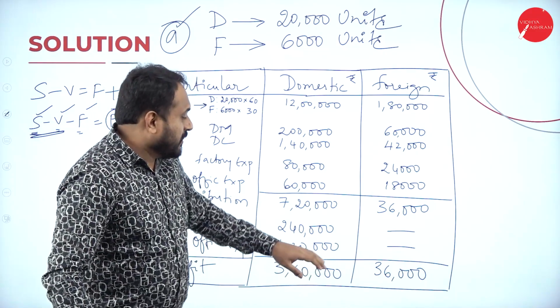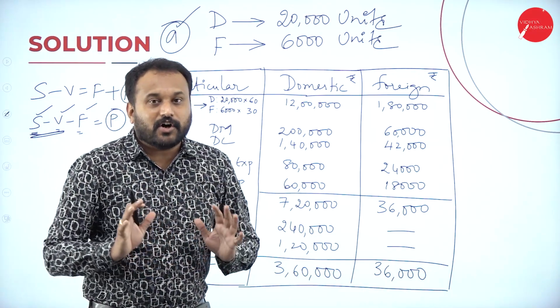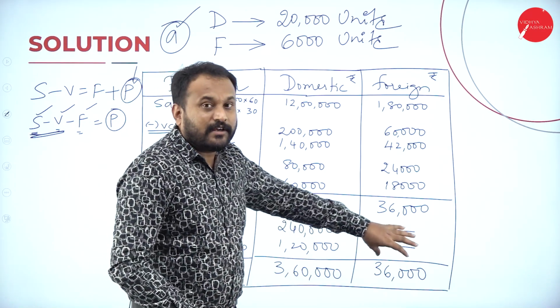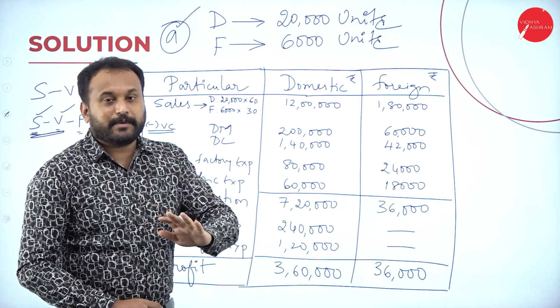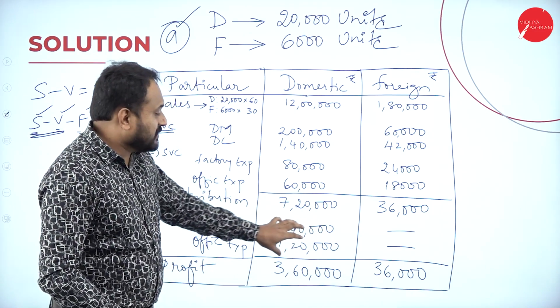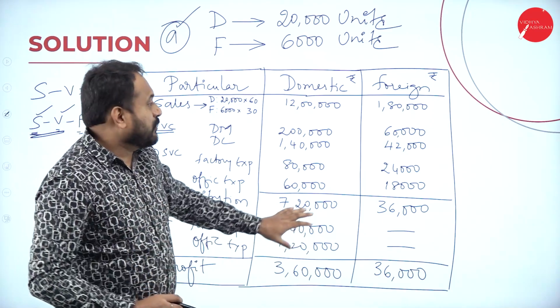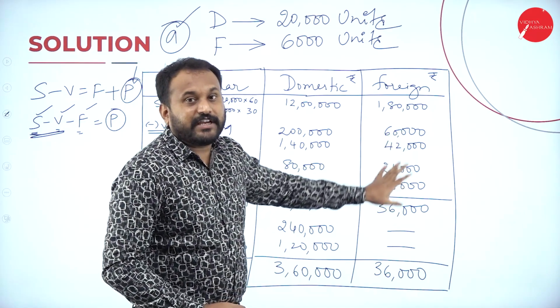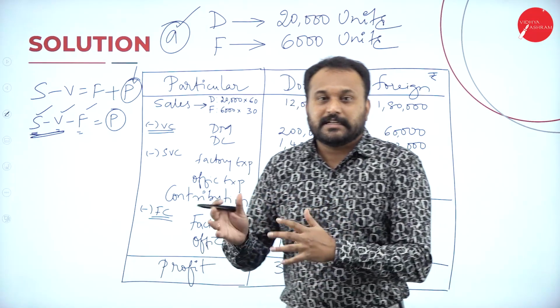Supposing if here there was a loss, then I'll definitely reject the order. The only thing is, fixed cost in foreign order we are not supposed to calculate because already the fixed cost is given in the domestic market. In the foreign order, we'll only calculate the sales and the variable cost. If you understand this, the problem is done.